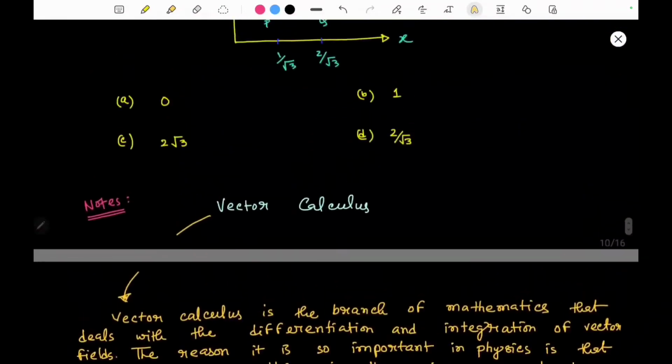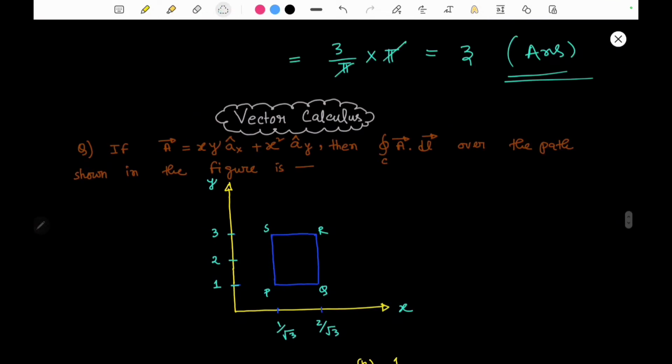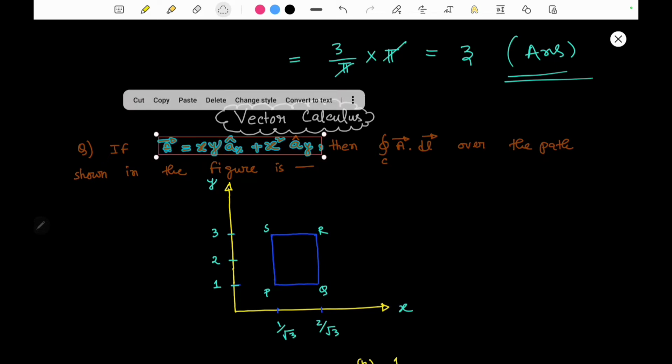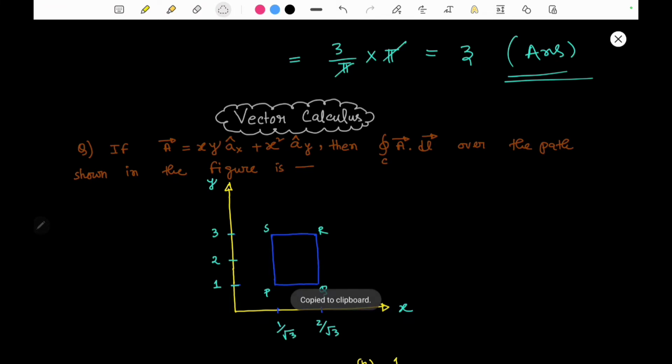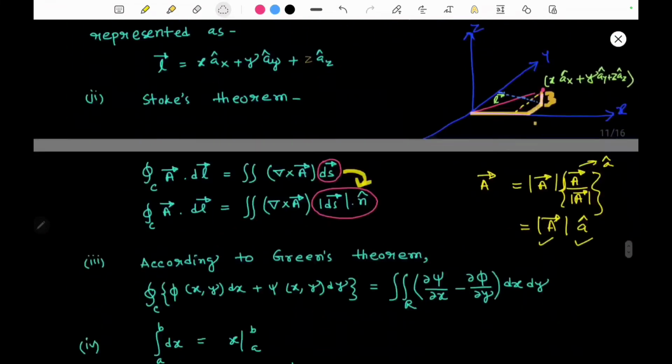Let's copy this integration and this S value, so that we can relate our solution. So I am copying this A vector here.